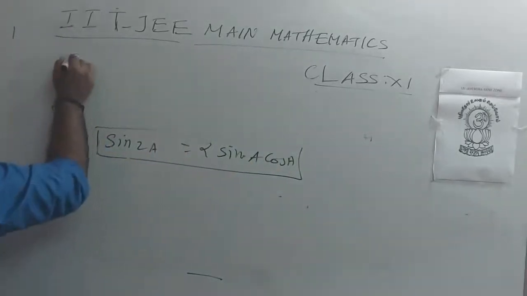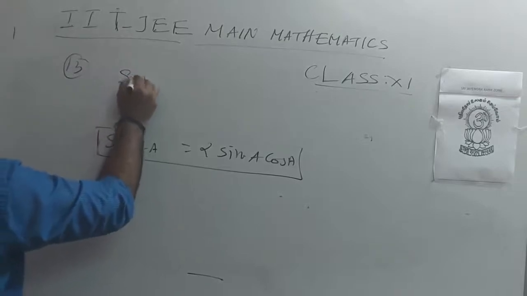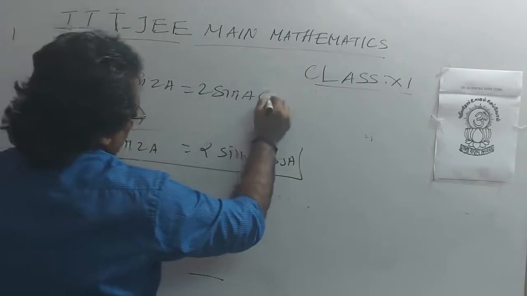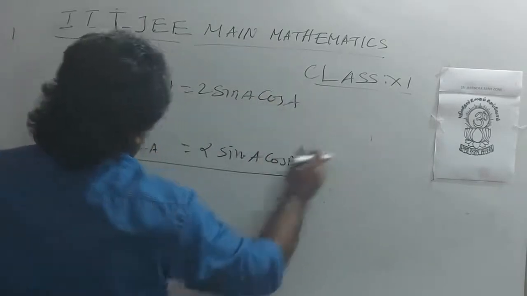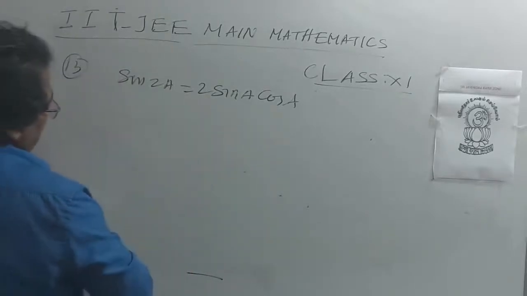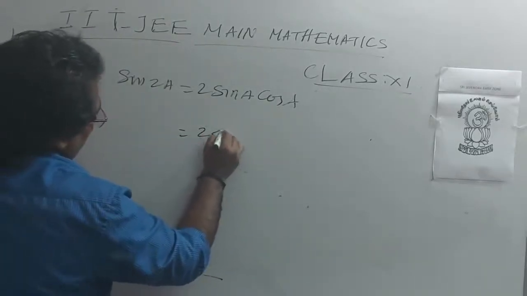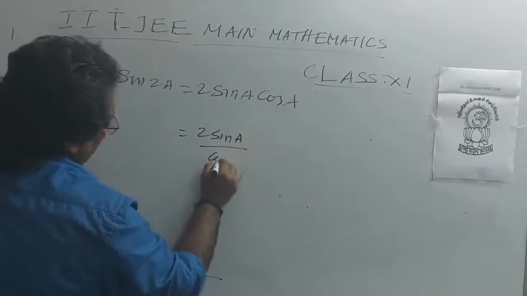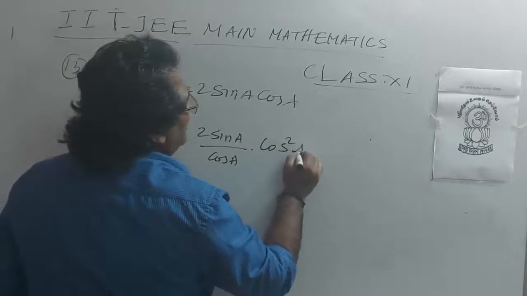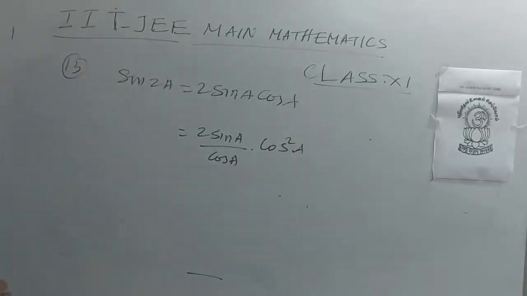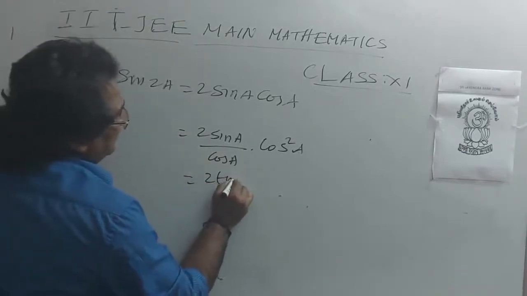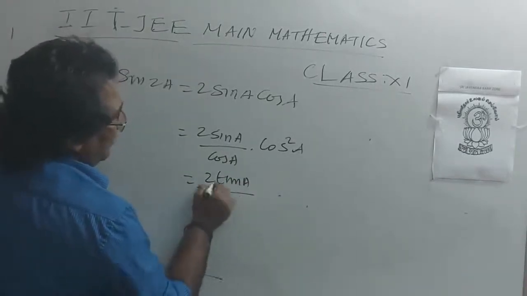You take this formula, sin 2a equal to 2 sin a cos a. Multiplying and dividing by cos a, 2 sin a by cos a into cos squared a, so it will become 2 tan a cos squared a, equal to 1 by secant squared a.